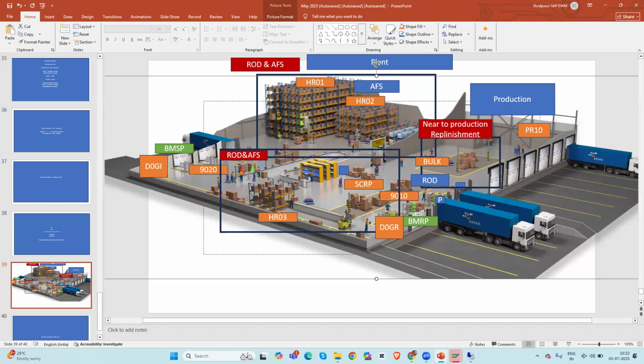See, if you go to the security check and keep the bag there, and everything is good, then it will come straight to you. But if something is wrong after scanning, then it will go to the additional security check. It will go to a different line, a different conveyor belt. If there is some electronic device or something, it will go to the additional security check.